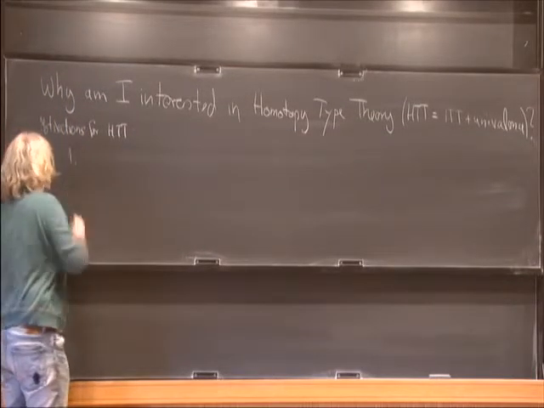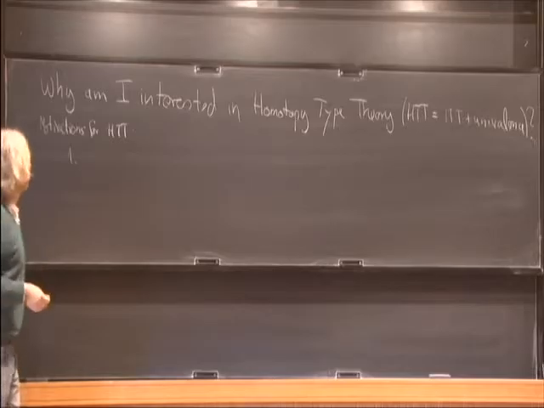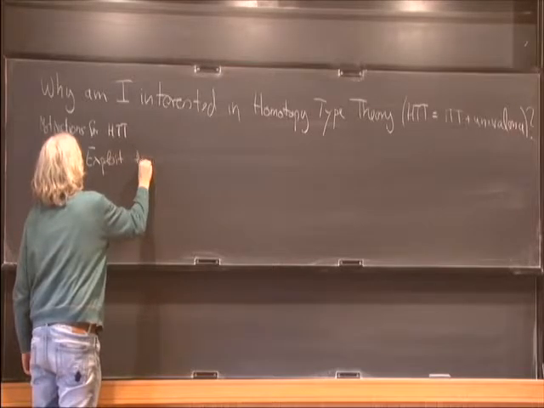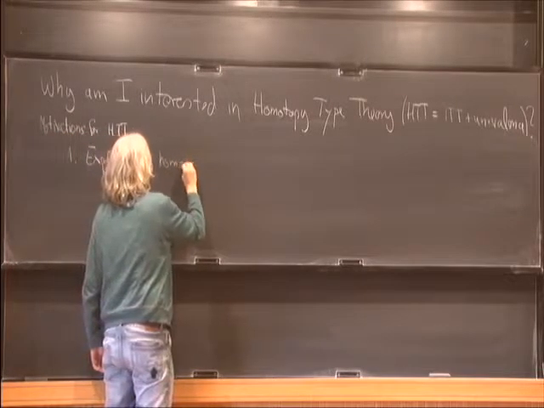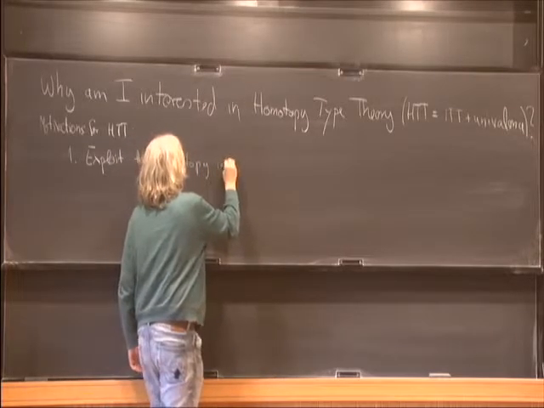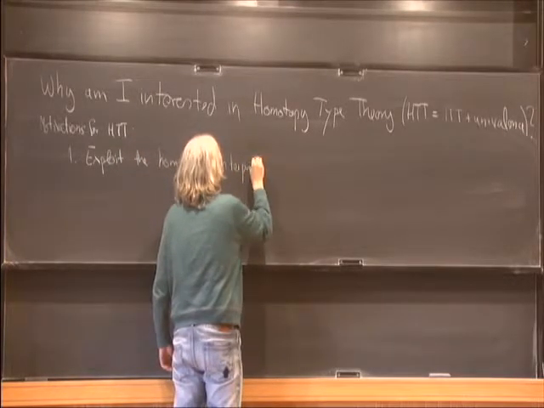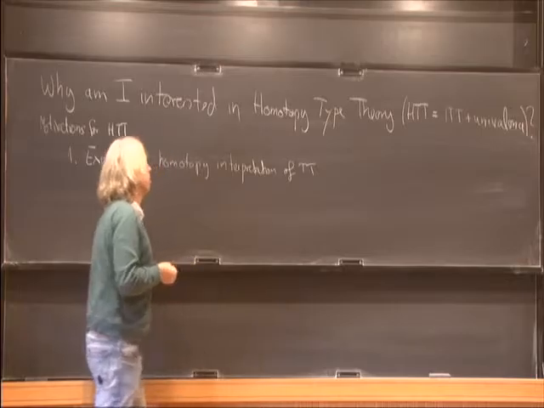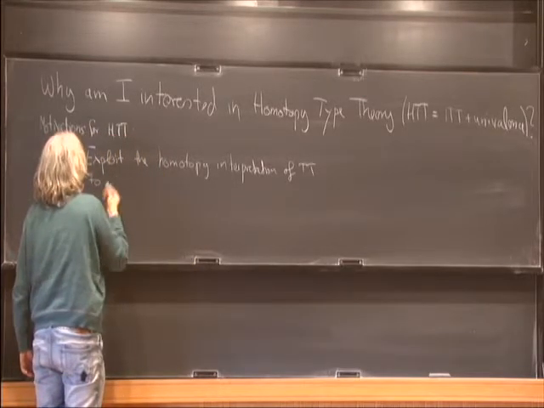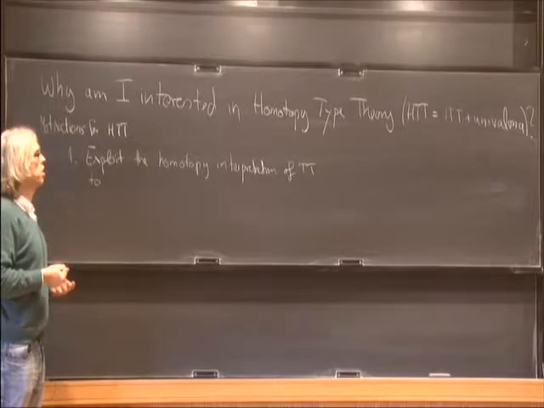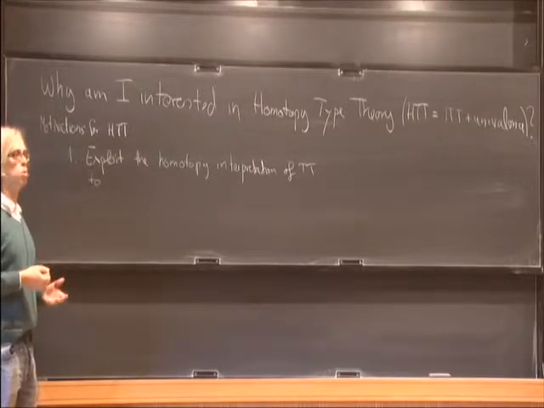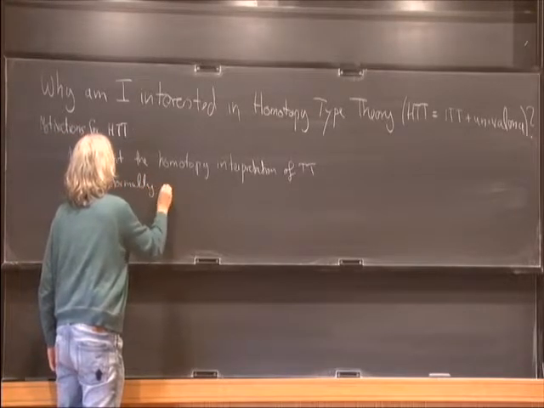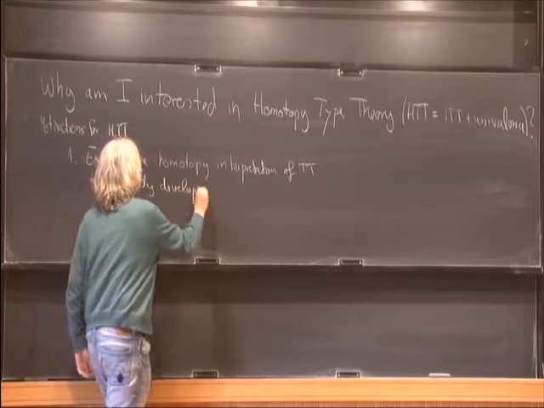The first one is to exploit the homotopy interpretation of type theory, to formalize, to do a formal development of homotopy theory, to reflect homotopy theory, to formally develop homotopy theory.